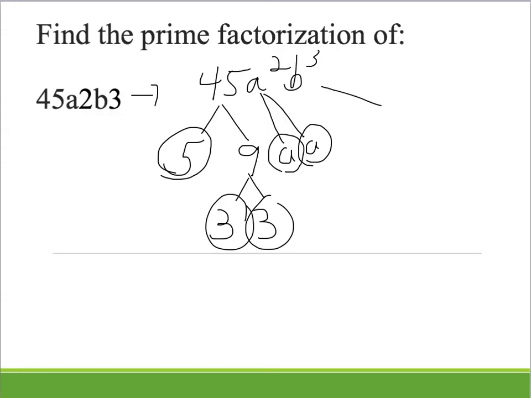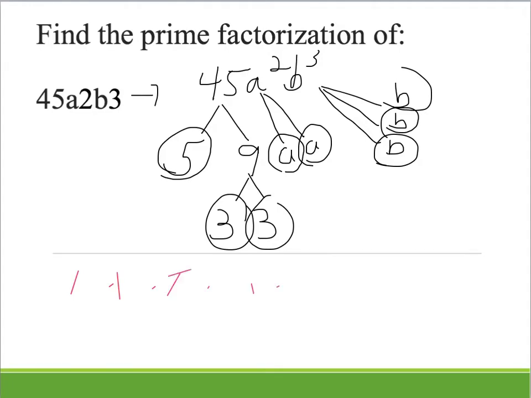And factoring b to the third, b times b times b gives me b to the third. So if I want to write the prime factorization here, I have 3 times 3 times 5 times a times a times b times b times b. This would be the prime factorization.